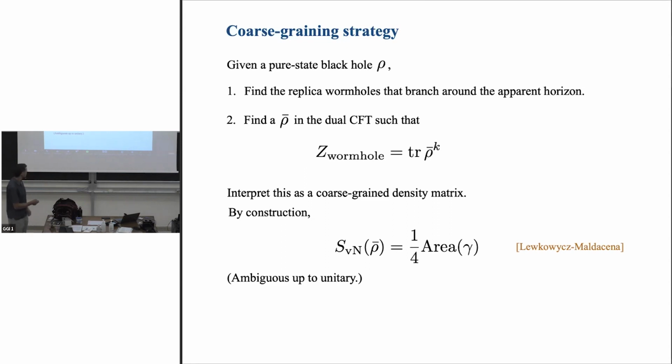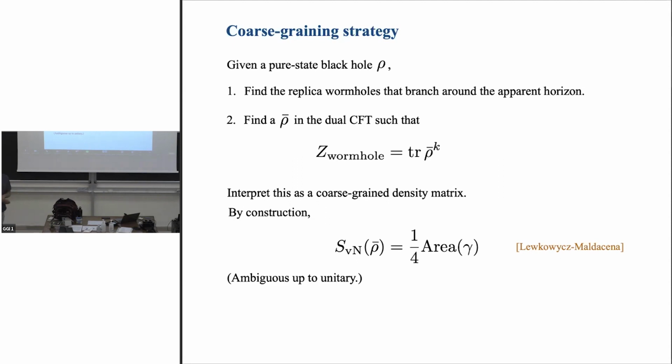Part of the point here is that we're going to get a nice simple formula for rho bar. This is not something you can do with the Engelhardt-Wall coarse graining. I think you could apply a similar procedure to the transition that you're talking about. It's a little more complicated because of UV divergences and you might have to talk about the modular Hamiltonian instead of the Hamiltonian, but I don't see why it would be terribly different.